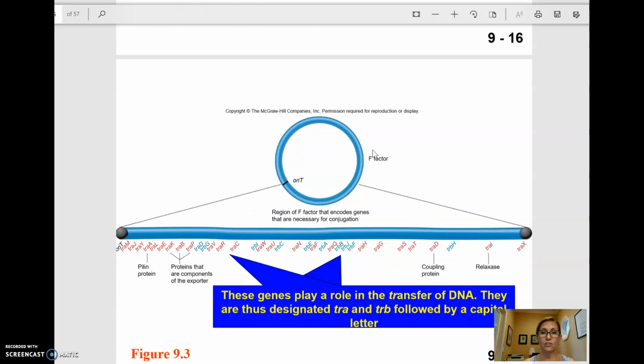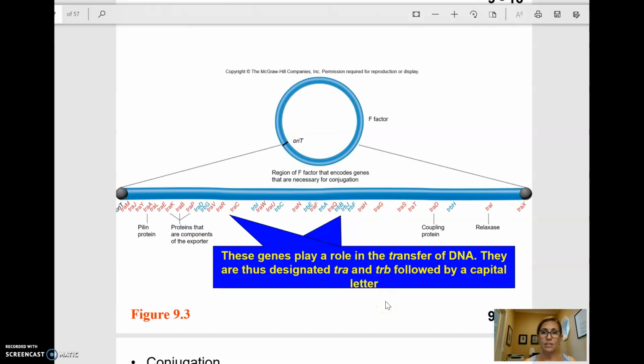Here's the F factor chromosome right here. It has this thing called ORI-T. ORI-T is where DNA synthesis starts. When we get into the molecular biology, we're going to start talking about initiation of DNA synthesis. It always happens at the origin.